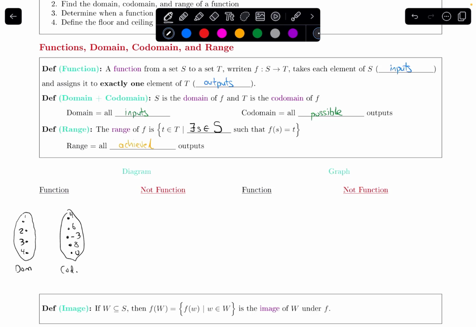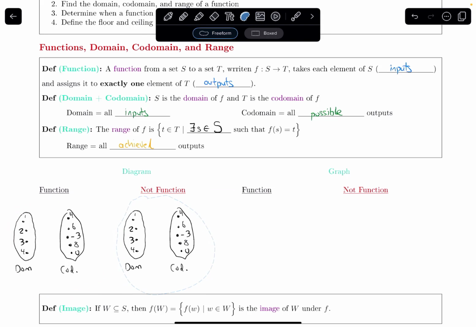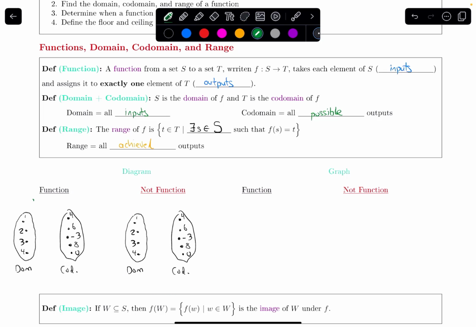Before I say which input goes to which output, let me copy this, because I'll also give an example of something that's not a function. For something that is a function, maybe the 1 gets mapped to the output 4. Maybe the 2 gets mapped to the output 6. And maybe 3 does as well. That can happen. Sometimes multiple inputs have the same output. And maybe the 4 gets mapped to the output 0.